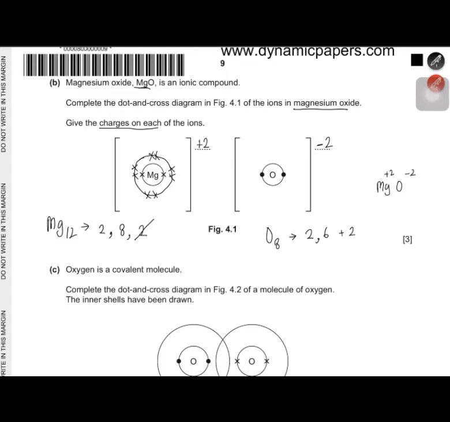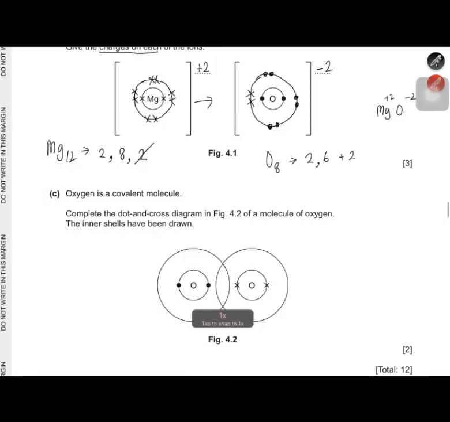Let's draw it now. 2 of them are already drawn. We'll draw 6: 1, 2, 3, 4, 5, 6. 2 more electrons that were lost from magnesium come to oxygen. We draw them as crosses because they're coming from the magnesium atom.